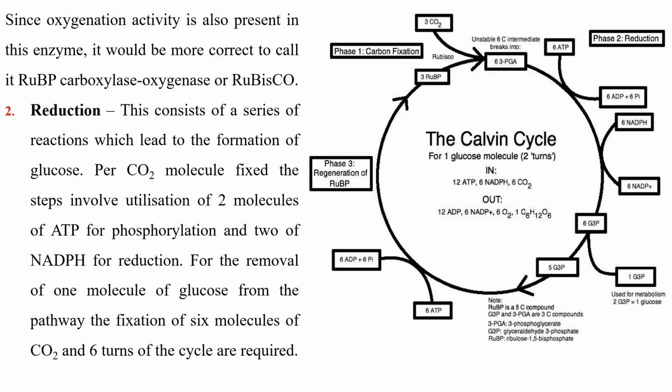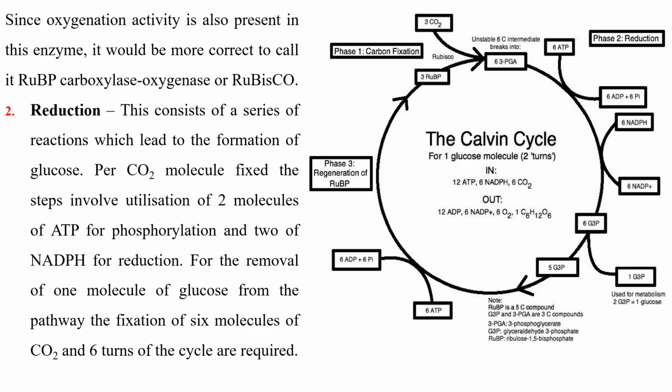Since oxygenation activity is also present in the enzyme, it would be more correct to call it RuBP carboxylase-oxygenase, or Rubisco. 2. Reduction. This consists of a series of reactions which lead to the formation of glucose.